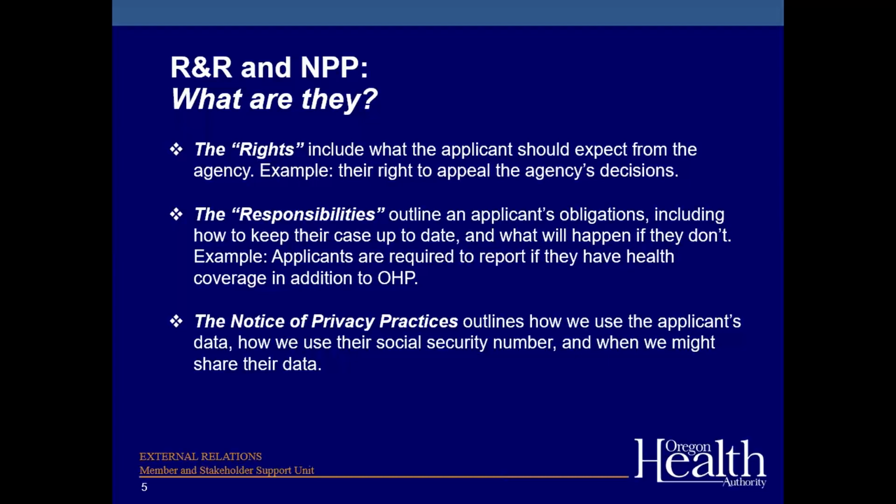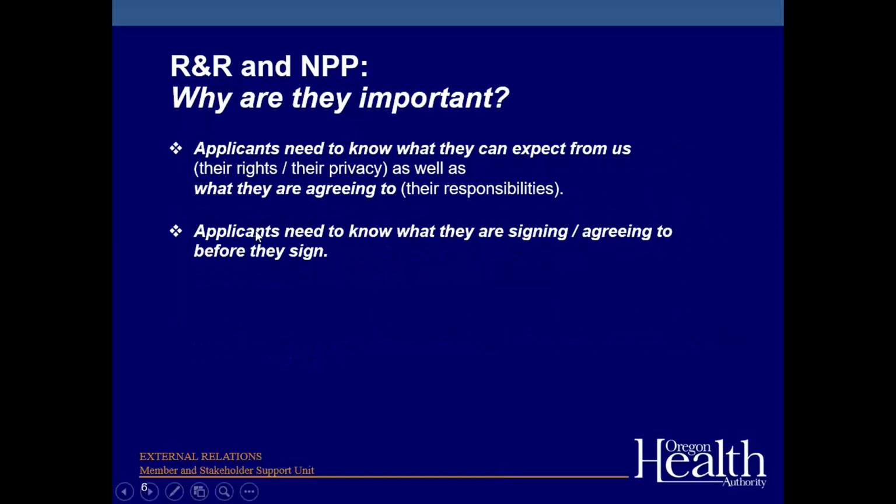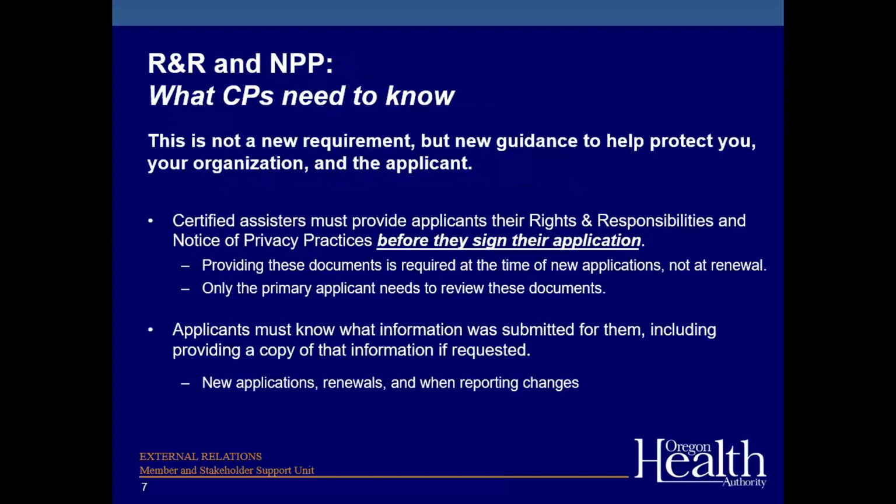And that is very important for us to make sure applicants know how we're using their information. So applicants need to know what they can expect from us, which is their rights and their privacy, as well as what they're agreeing to, because at the end of the application, they sign. And what they are signing is that they have read and understand those rights and responsibilities.